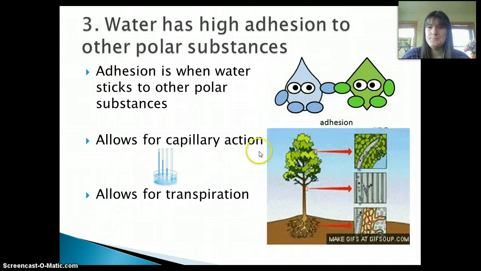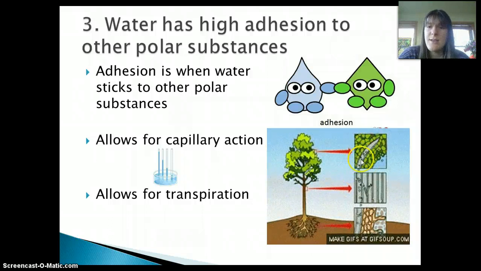So transpiration, if I see a tree like this, water is going to be absorbed into the roots, and it needs to make it all the way up into the leaves. The way that it does that is in the leaves, there's going to be little pores called stomata where water is going to be evaporated into the air or used up by the plant. And then as that water is pulled out, the next little water molecule is going to stick to the one before it and pull it up.